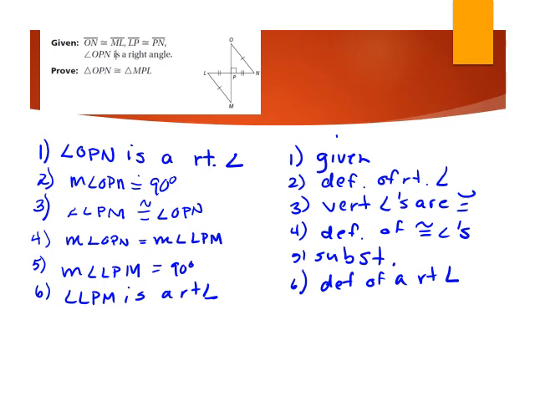We can say that our triangles are right. So triangle OPN and triangle MPL are right triangles, and that's by definition.